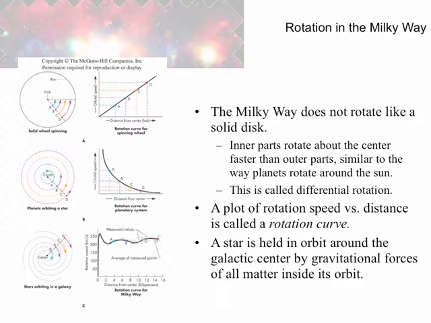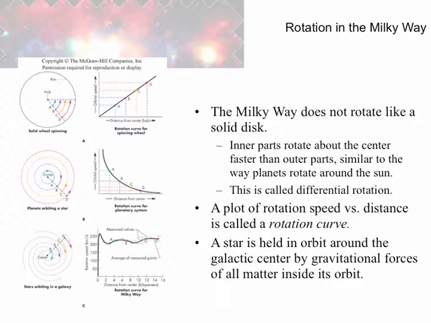So astronomers naturally want to understand what's going on with the Milky Way. Things are moving, they're rotating around the central bulge of the Milky Way, but how exactly are they rotating? Well, it probably is pretty obvious that it's not a solid disk. We're not attached to other stars in a solid disk-like way.